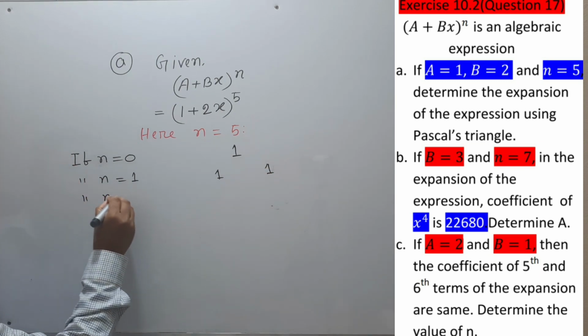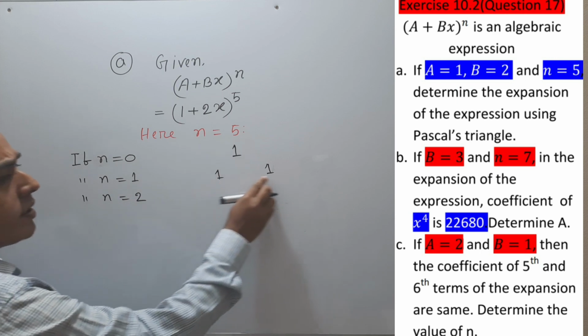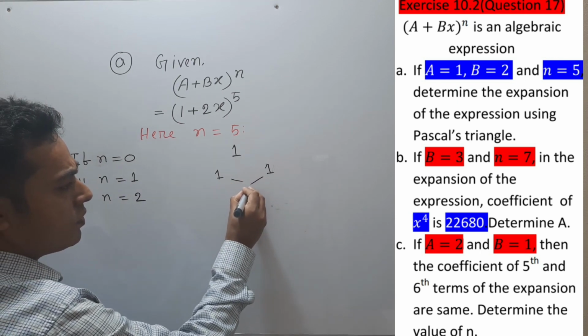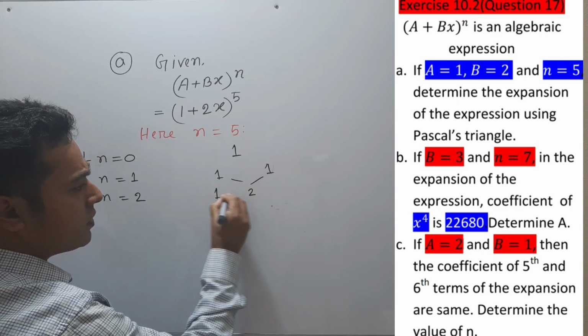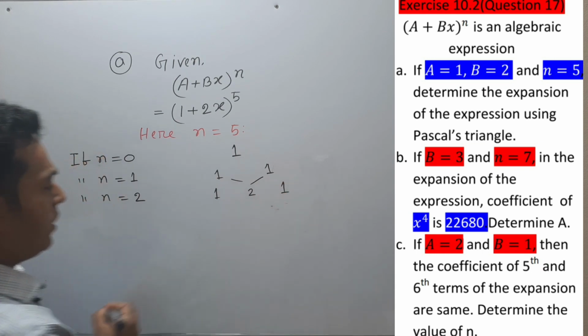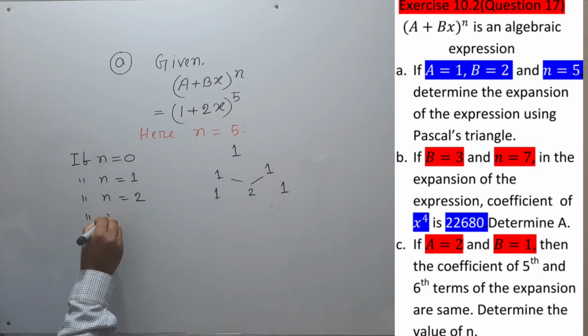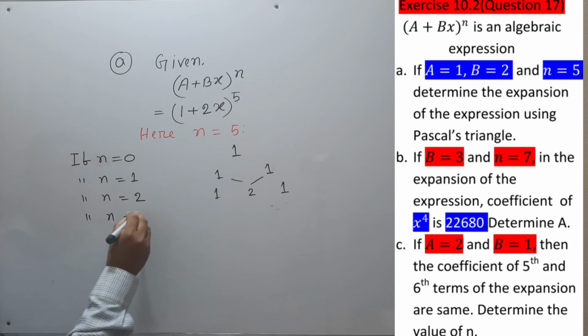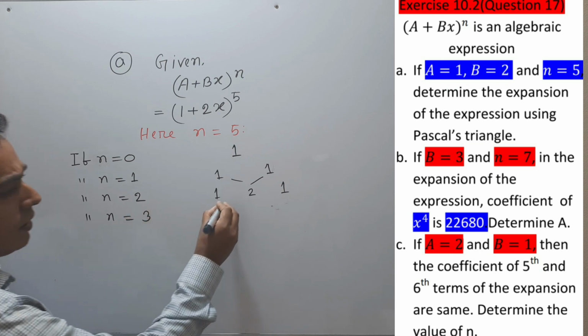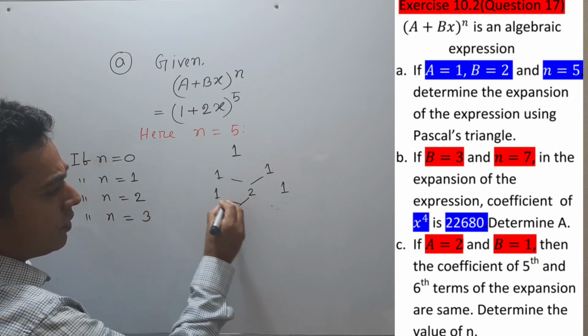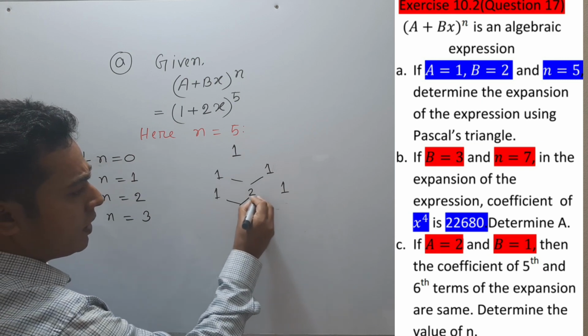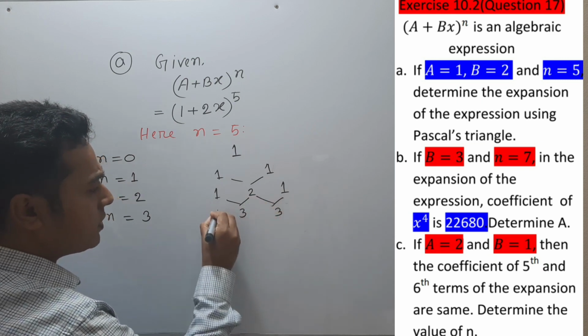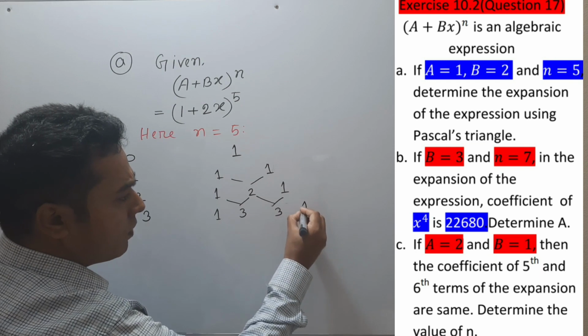If n is equal to 2, then addition of this is equal to 2 and this is 1 and this is also 1. If n is equal to 3, then addition of 2, 1 and 2 is equal to 3 and 2 and 1 is equal to 3. This is 1 and this is also 1.